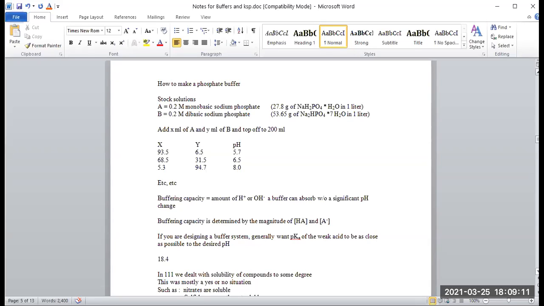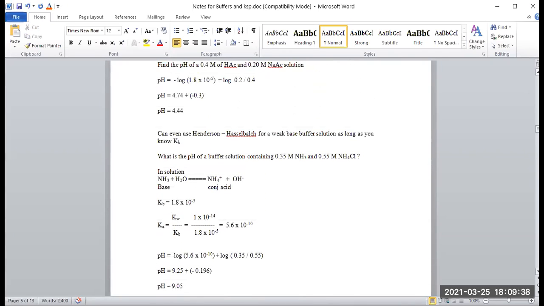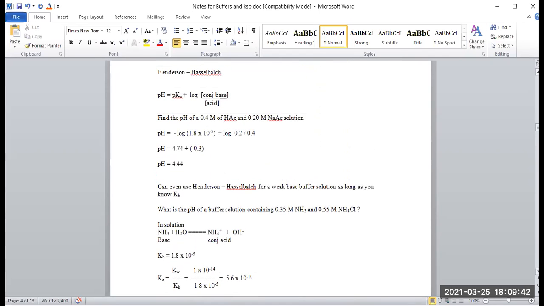And it really depends upon your magnitude, basically how concentrated is your acid and how concentrated is your conjugate base. So up here, my recipe, okay, look at my values. I've got 0.2 molar. In the world of buffers, compared to some of the other things, we've got 0.2 and 0.4.